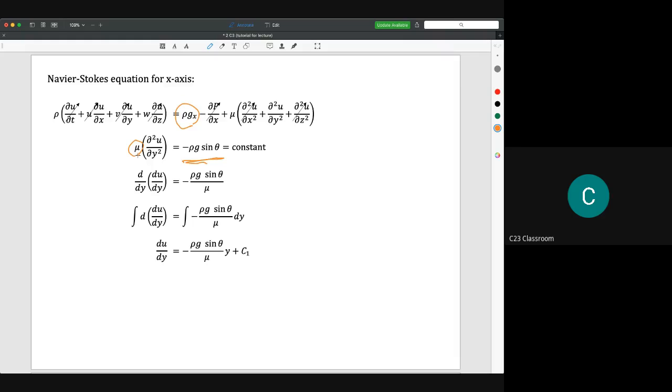We integrate for the first time, we get this term, and we have the constant C1. We need to get the value of C1 by substituting the boundary condition.